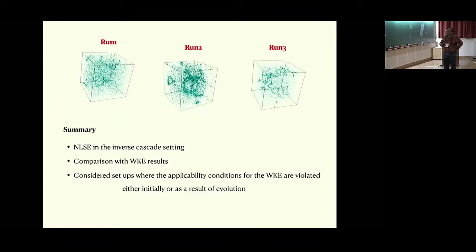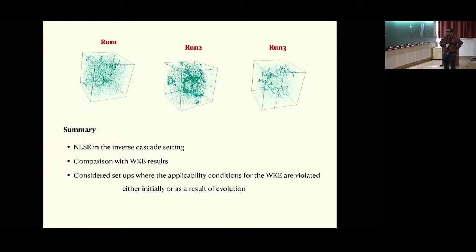Similarly, in run 2, you have vortices. In run 1, where the density is very small, you see some vortex-like structures, but these are primarily ghost vortices. So these lines are just indicating regions of zero density.